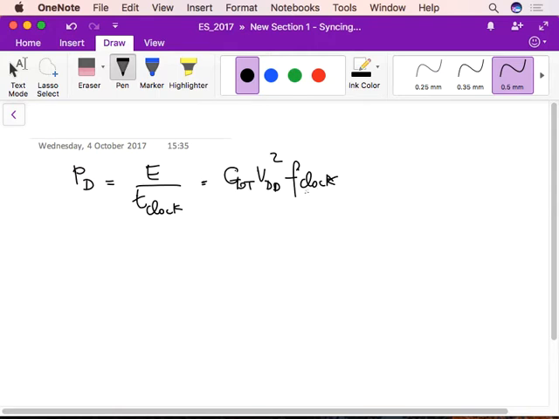Okay? This, of course, is true if there is a switch cycle every clock period.